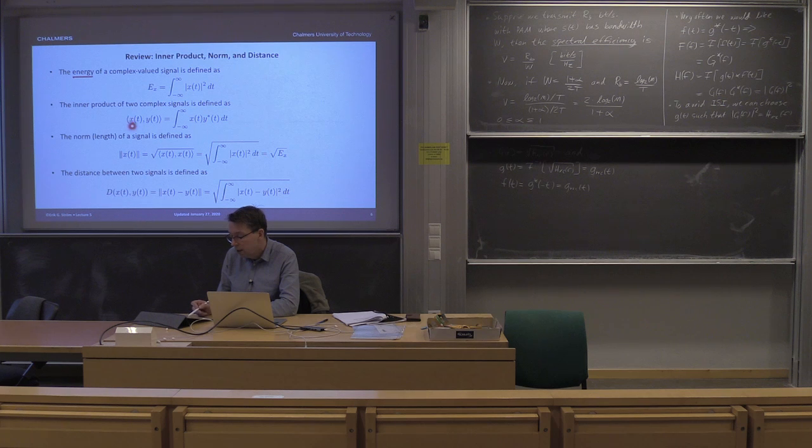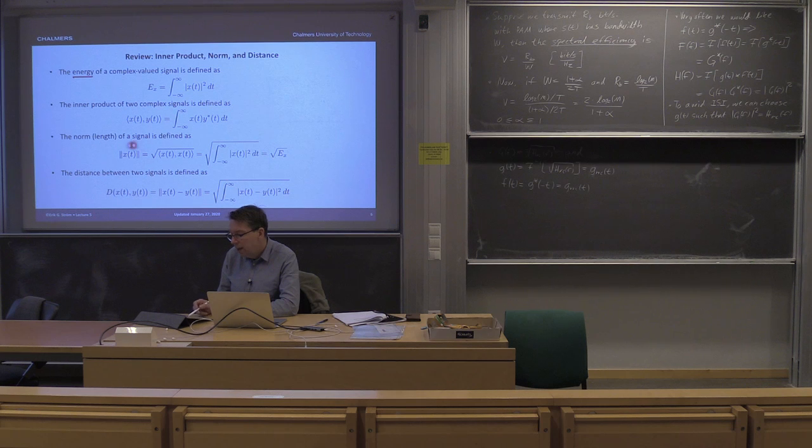The notation with the angle brackets means this integral. We take x, we take y conjugate, multiply them together, integrate for all times, and we get a complex number. That complex number we denote by this. So we can think of this as a scalar product, if you like.